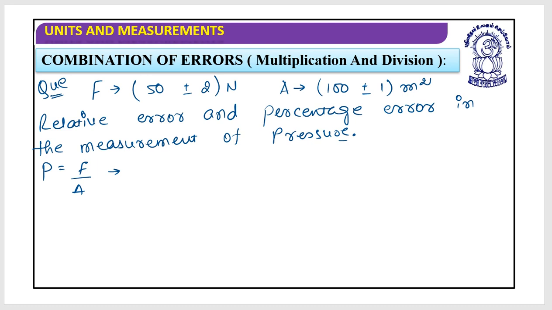Now, how could I find out the relative error? I should write delta P by P should be equals to delta F by F plus delta A by A. Now, what is delta F by F? Delta F, it is the error associated with the force.